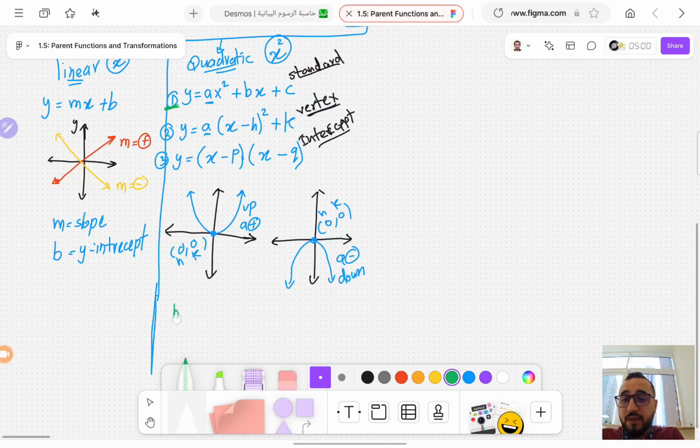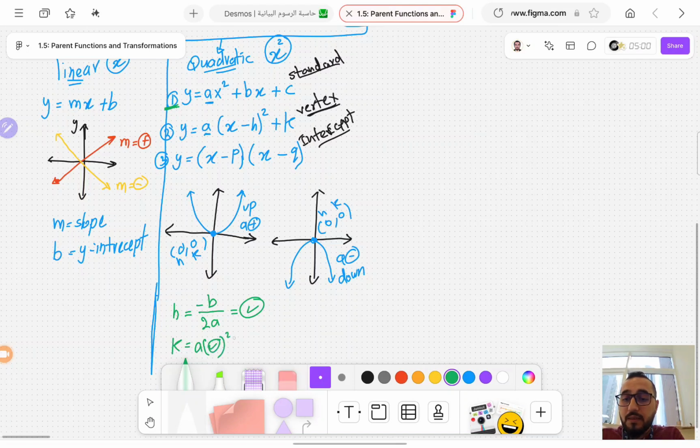the first thing you need to find is h. How can you find h? This is the formula you have to memorize: negative b over 2a. After you find the value of h, you need to find the value of k. How can you find k? Replace every x in the formula with h, because h is represented as x.